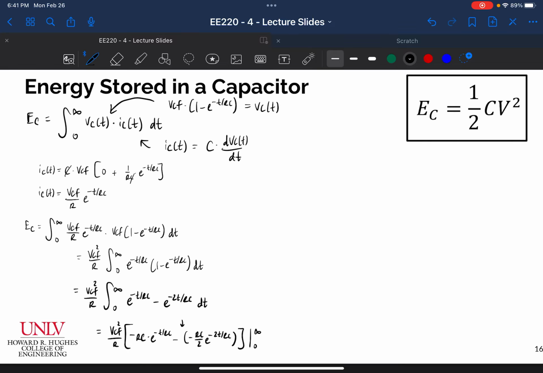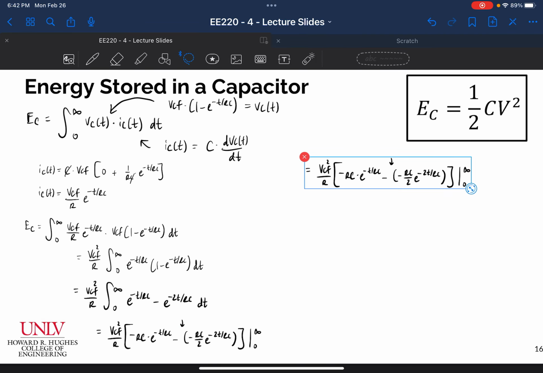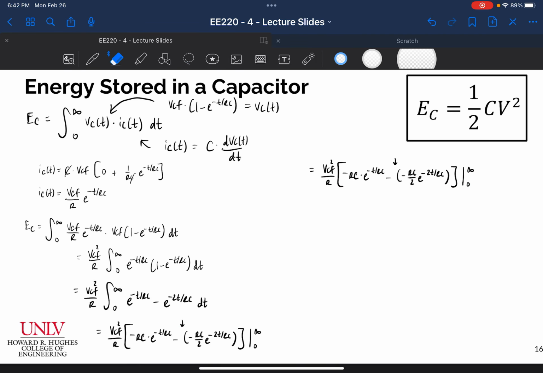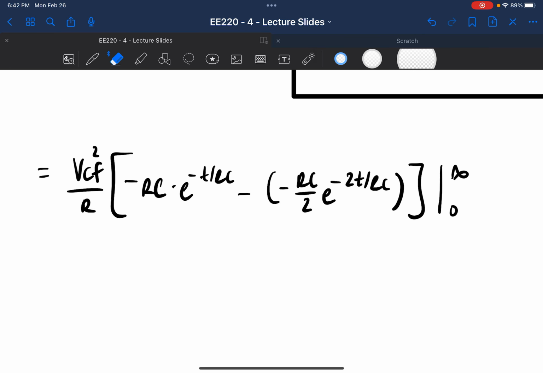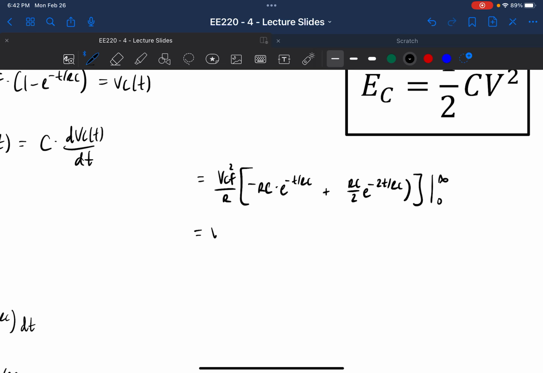So let me just move on up here by copying this. And then I'll put my little plus in here. And then I'll factor an RC out of both terms.